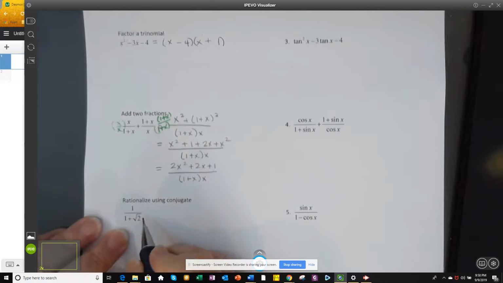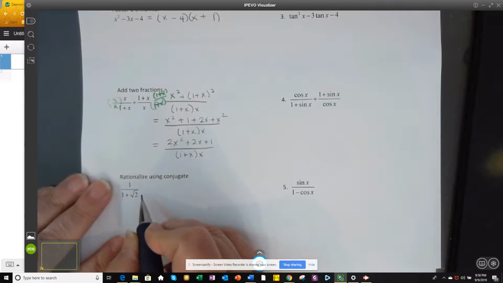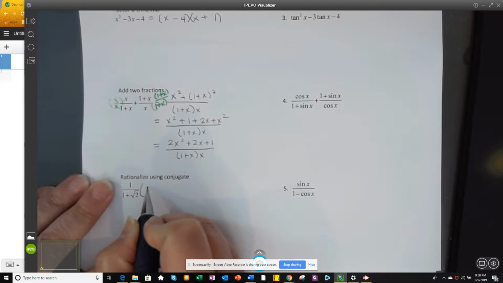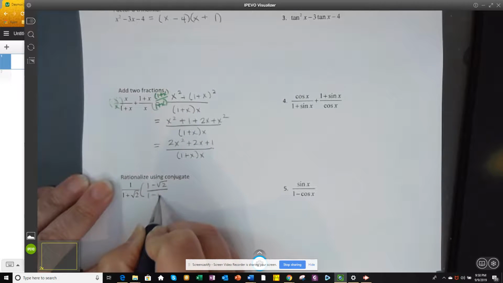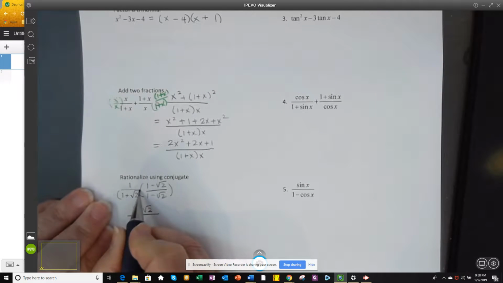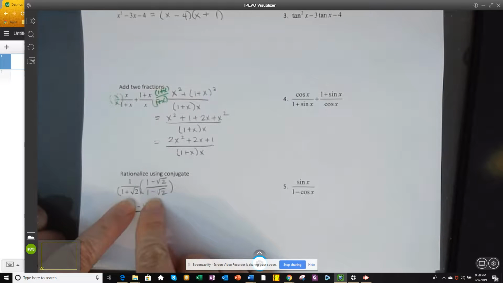Now on this one, we're going to rationalize using the conjugate, so we don't have a square root in the bottom, and we're going to multiply it by our favored factor of 1, which would be 1 minus root 2 over 1 minus root 2. And we do that because the numerator will stay the same, but I have now introduced the factors of a difference of squares.